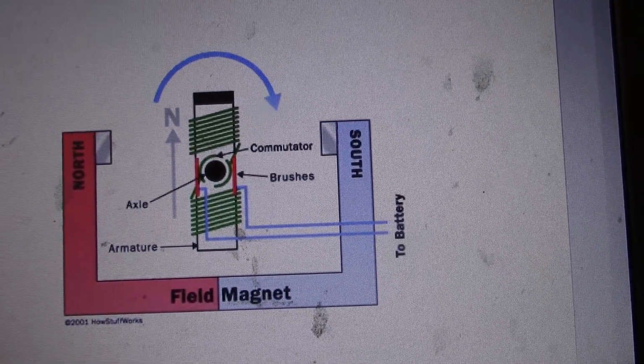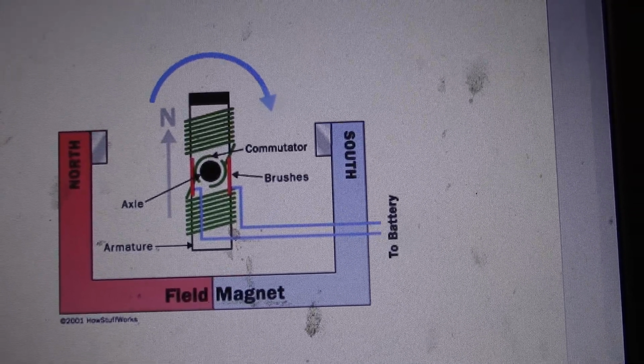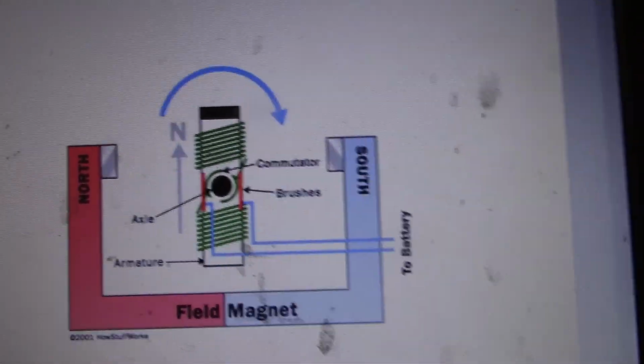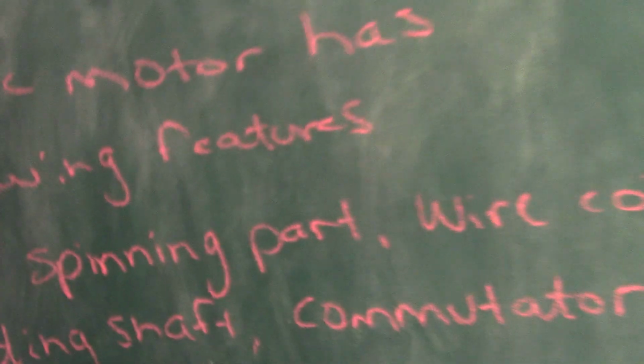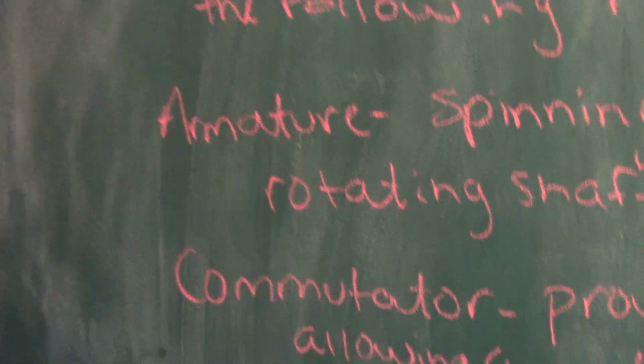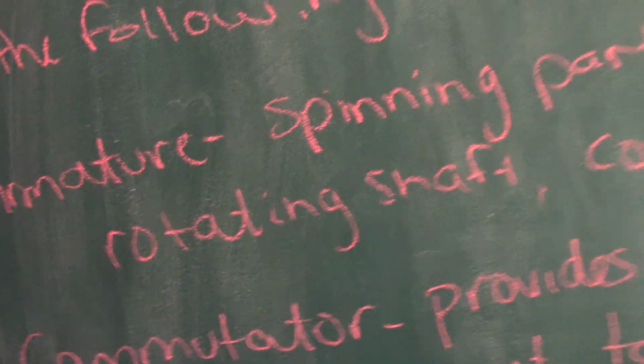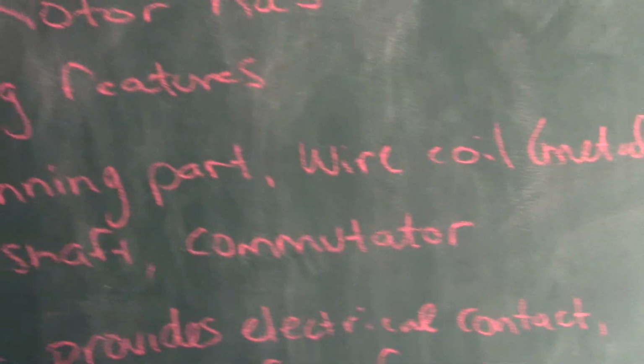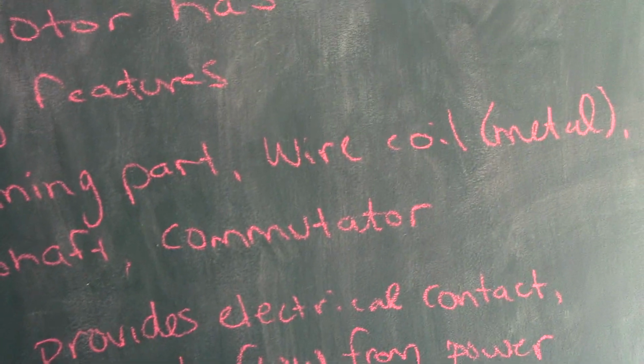Okay, so a motor itself, if I look at our definitions, an electric motor has the following main features. It has an armature, so it has a spinning portion, and that spinning part will possess a wire coil.